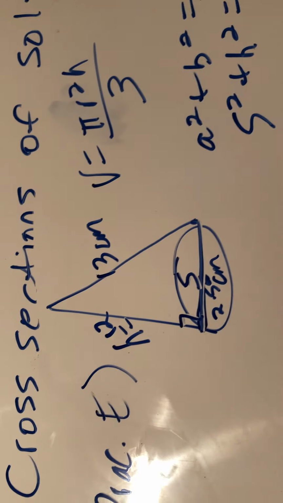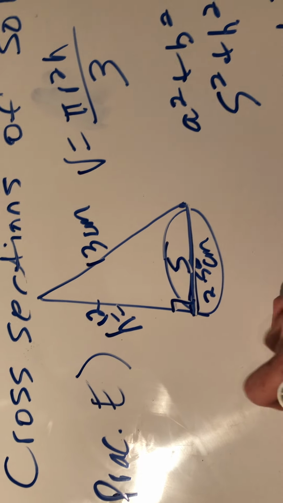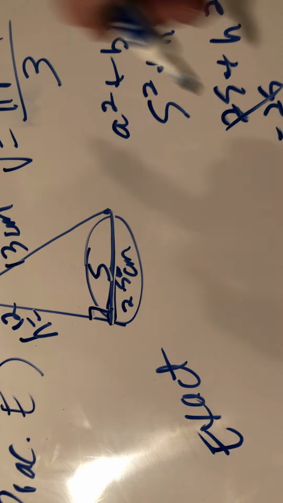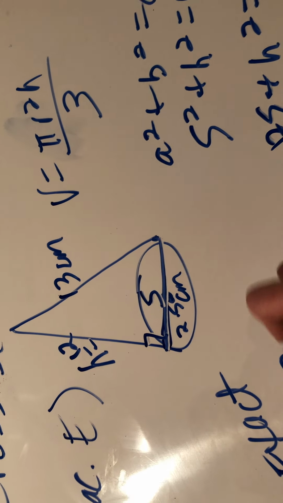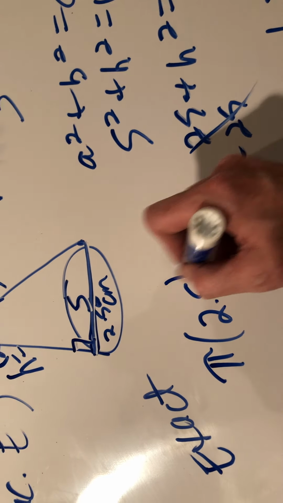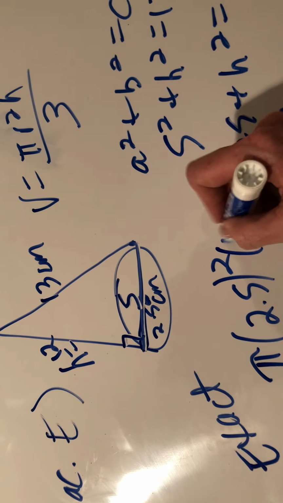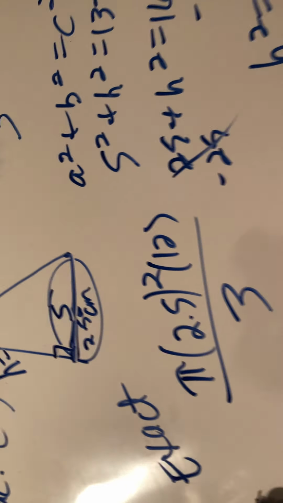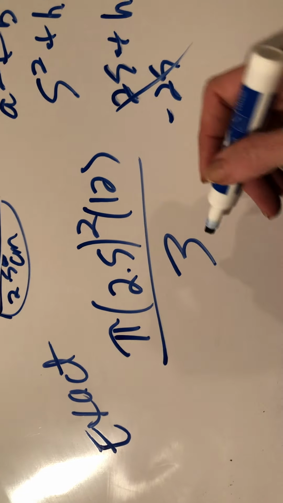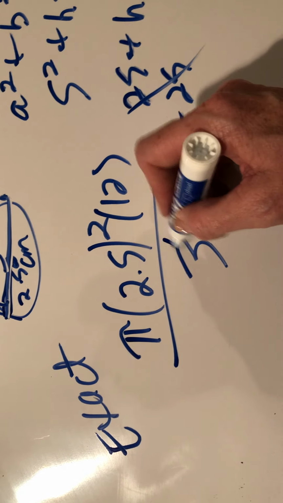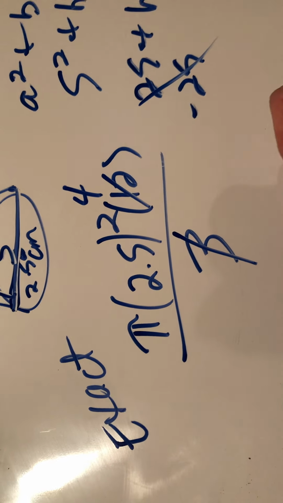Now, we are asked for the exact. Okay, that means we got to leave pi in. So pi times my radius, which is 2.5 squared, times my height, which is 12, divided by 3. And I have to leave it exact. So I'm going to do some reducing before I put it in the calculator, like 3 goes into 12 and leaves a 4.